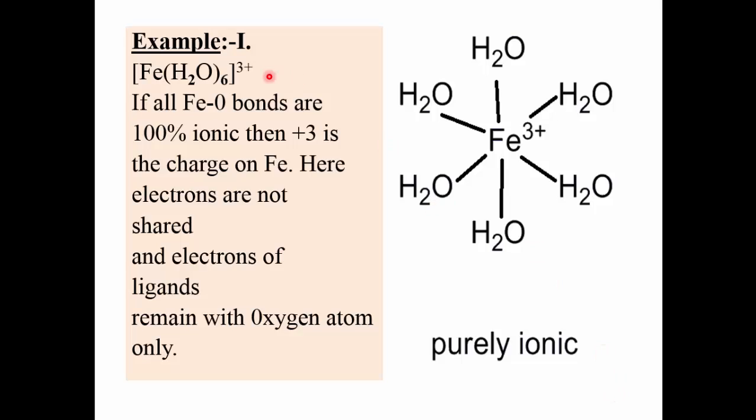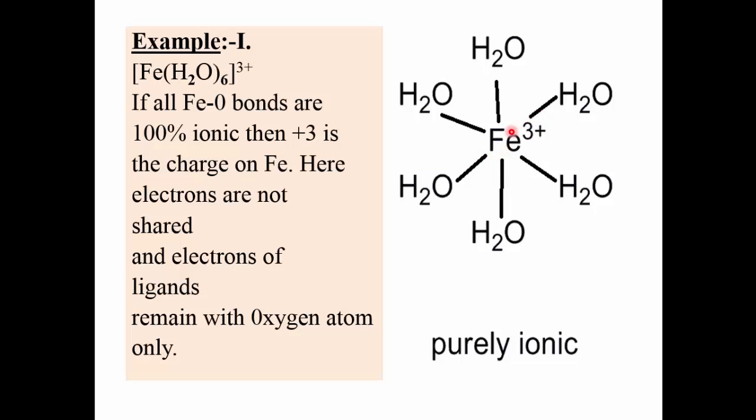Let us see example number 1. This is the structure of [Fe(H2O)6]3+. In this case, all Fe-O bonds are 100% ionic. Okay, first case we are discussing [Fe(H2O)6]3+. All Fe-O bonds, iron-oxygen bonds, are 100% ionic. Then what happened? The +3 charge on Fe remains as it is.